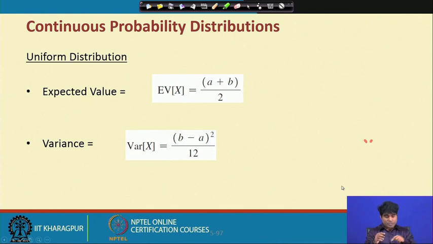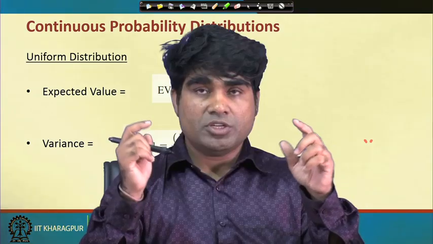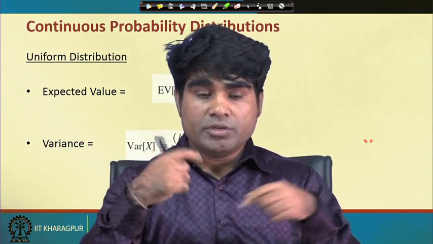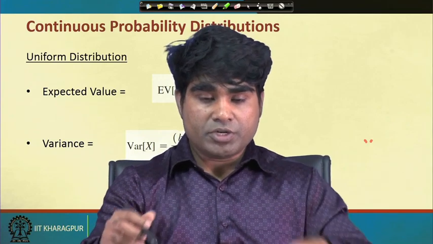This has the same expected value and variance. Whether it is the binomial, Poisson or uniform distribution, every time corresponding to x you have to use the mass function and create a probability structure. Once you create it for all x, this will create a distribution, and then you have to report the expected value and variance to understand the particular situation, and predict as per your requirement.